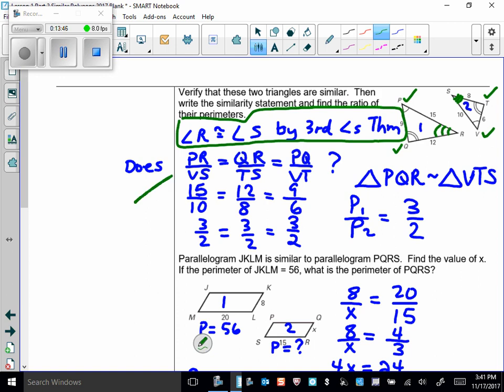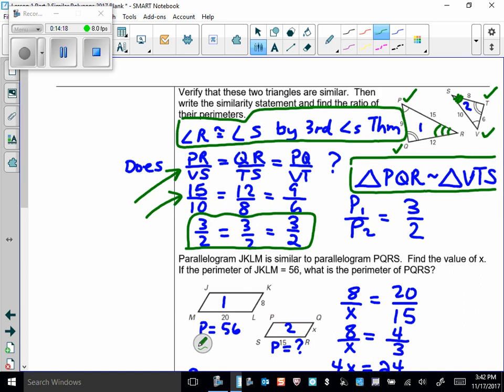I set up my ratios here. PR is the longest side, and VS is the longest side in the other one, and so forth. Then I did the medium sides and the short sides. I set up those ratios, and when I simplify those, they do all equal 3/2. So since all the corresponding sides are proportional, I know that my triangles are similar, and I wrote my similarity statement, and let's make sure I got that in order.